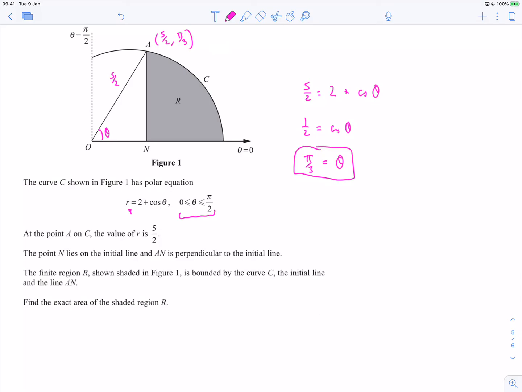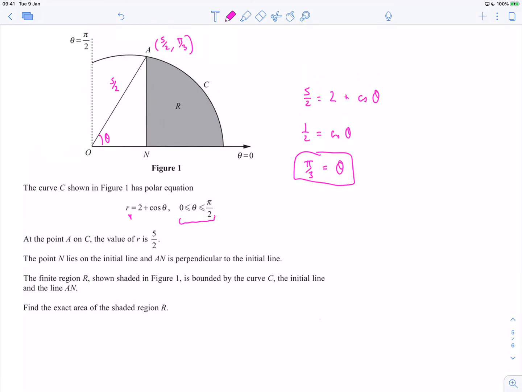Okay. The point N lies on the initial line, AN is perpendicular to the initial line. Fine. The finite region R shown in the shaded figure 1 is bounded by curve C and the initial line. Find the exact area. Okay.